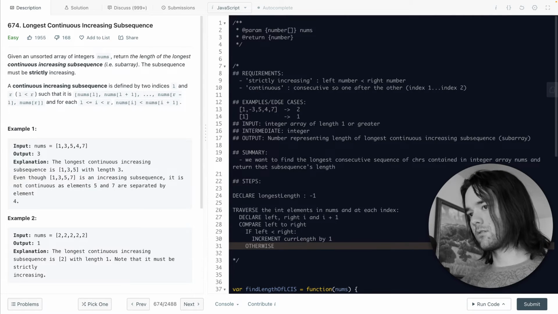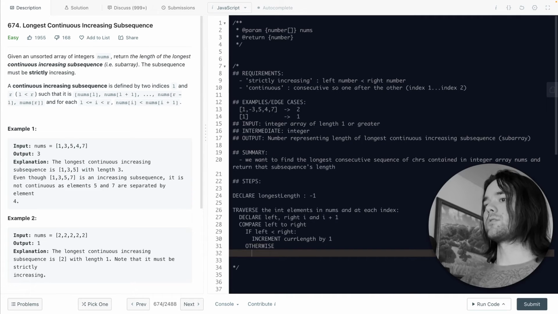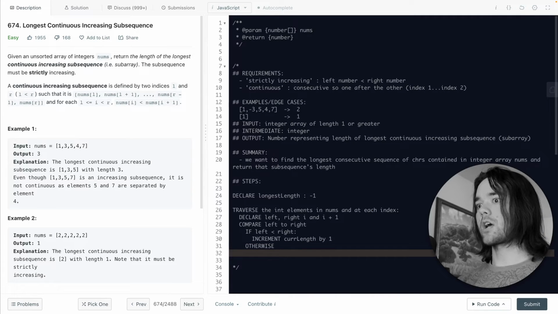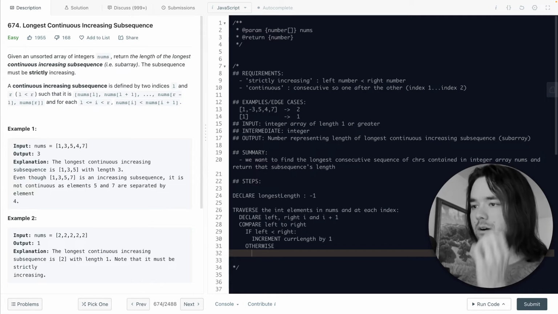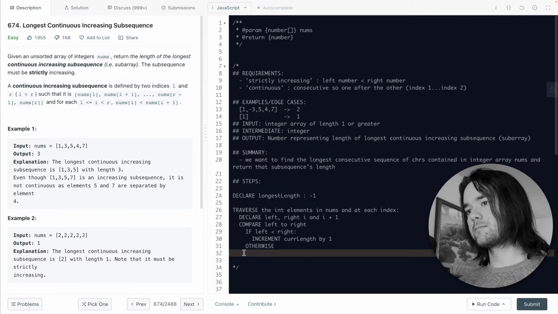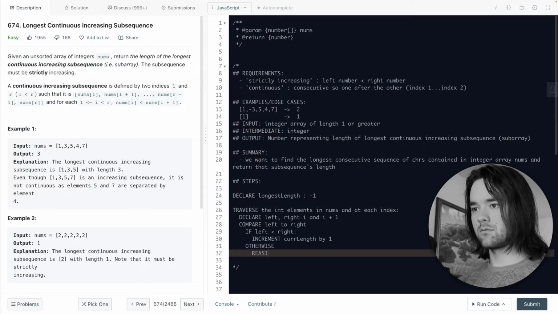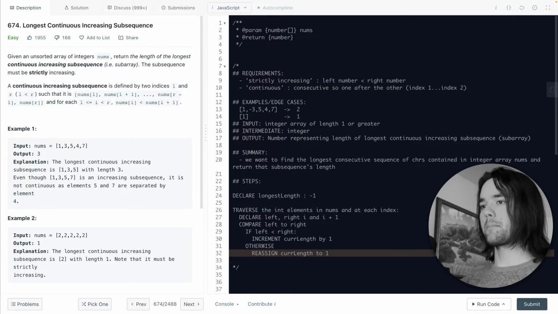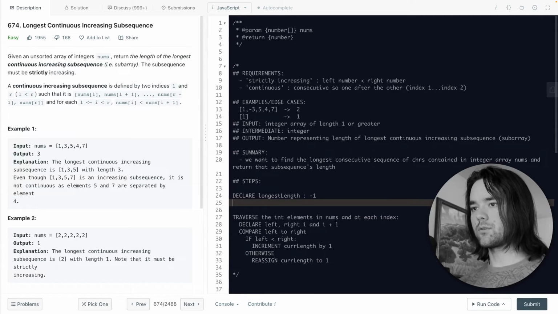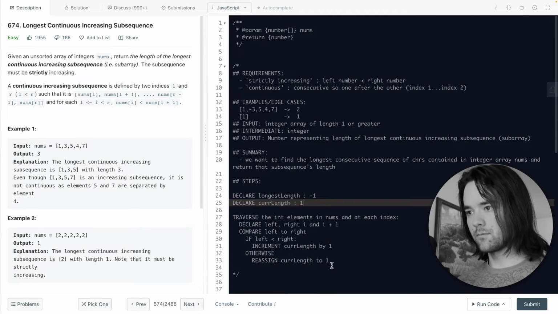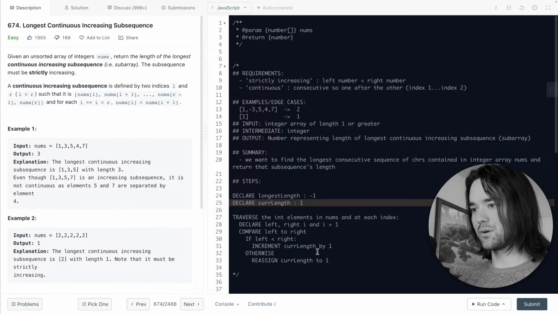Otherwise, we would just zero out current length. Yeah. So then we just reassign current length to 1. And I want to remember to not forget to initialize current length to 1, because that is the default length of a character of length 1.